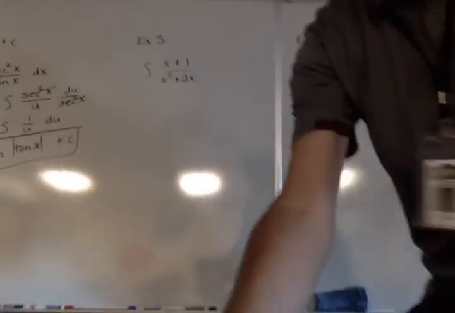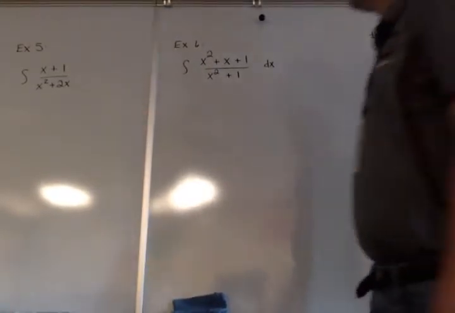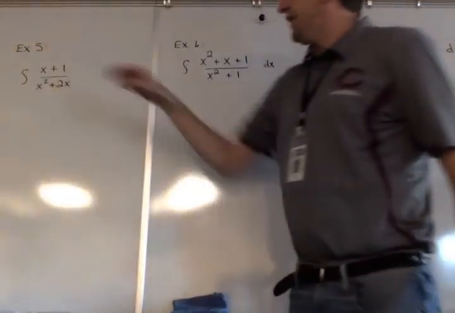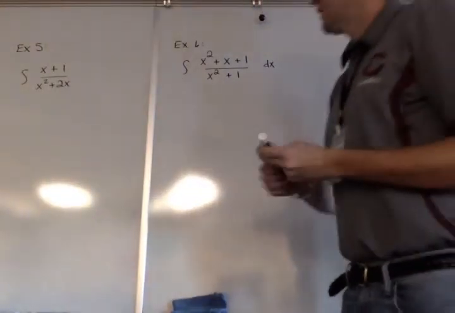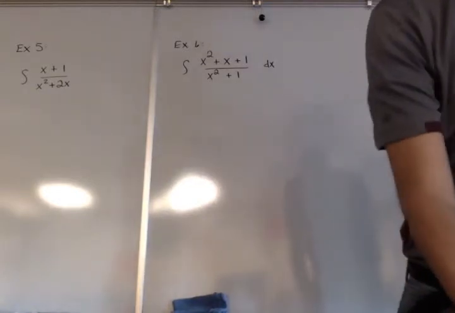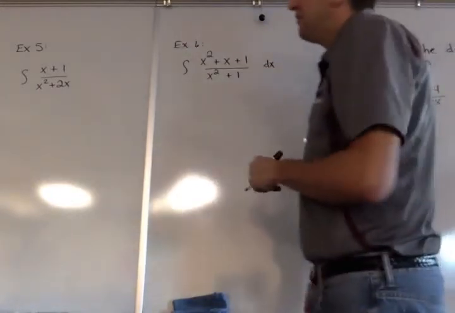Okay, our next examples here are numbers 5 and 6. I've got those set up off to the side here. For example number 5, we're going to be calculating the integral of x plus 1 over x squared plus 2x. Again, you're going to probably notice we can do some of the similar ideas as we did in example 4.